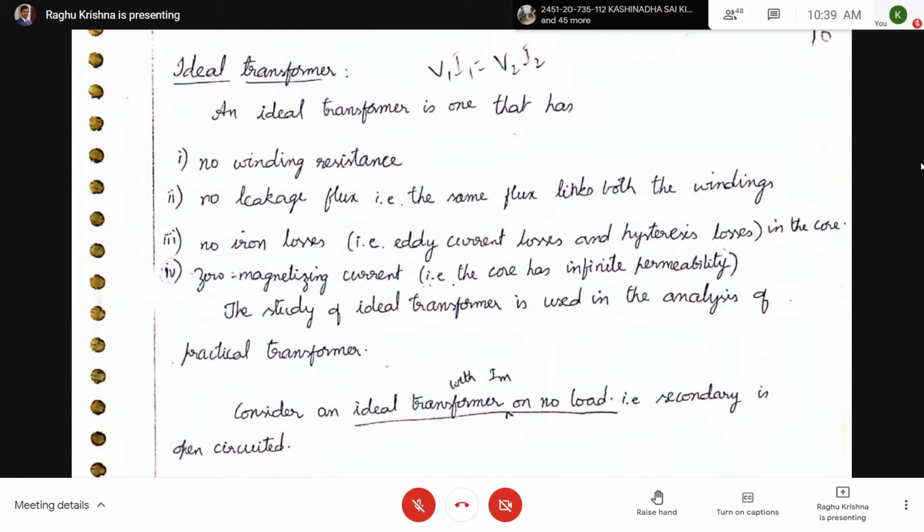Next, zero magnetizing current. That is, the core has infinite permeability. The study of the ideal transformer is used in the analysis of the practical transformer. If you understand the ideal transformer, then you can easily understand the practical transformer.